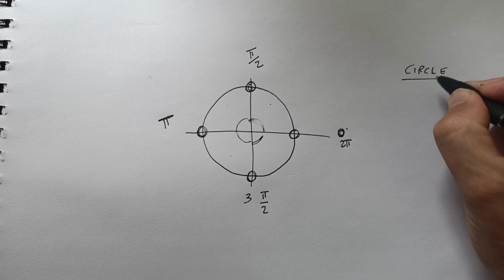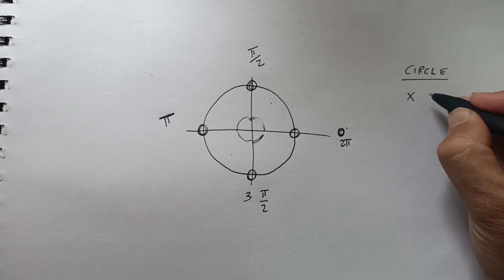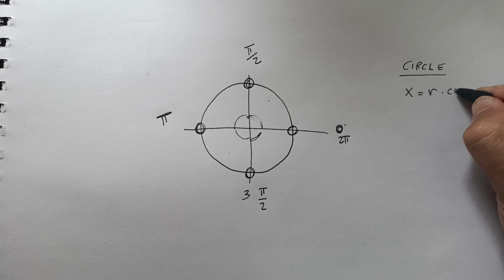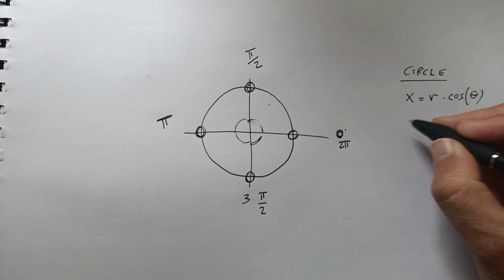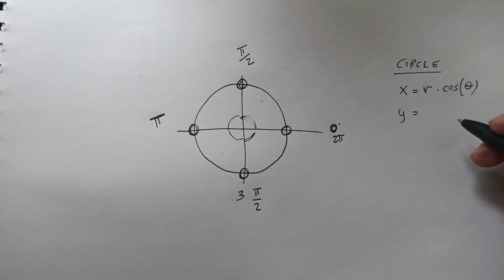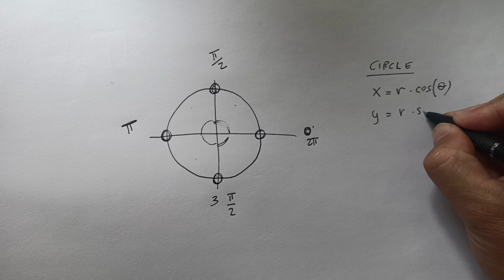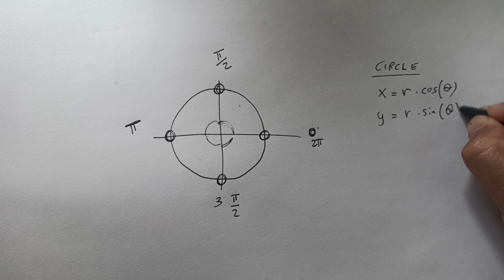So how we define the circle here? We had x equals to the radius multiplied by the cosine of the angle. Then we have y would be the sine instead.